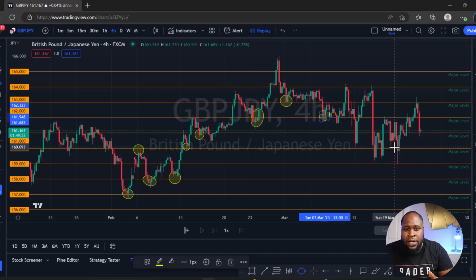If you really think about it, banks as well as other retail traders, when they're trading, it's very typical that if I want a TP, I'd like to set my TP at 162 or 163 or 164. If I want a stop loss, I'd like to set my stop loss at 159 or 158 or 157. Now, this may not be all the time, but the point is, psychologically, we all like whole numbers.